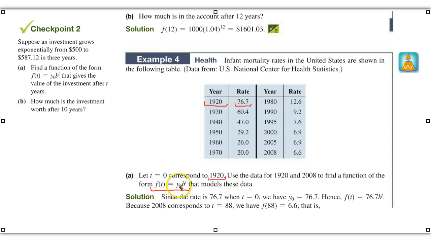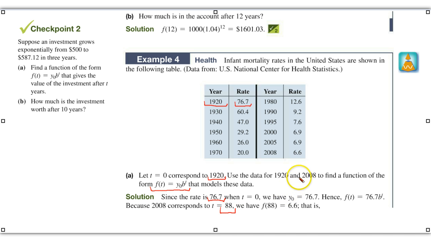Well, our beginning, you recall, y sub 0, is going to be 76.7. And we have then how many years since 2008 from 1920? Well, that's 88 years.